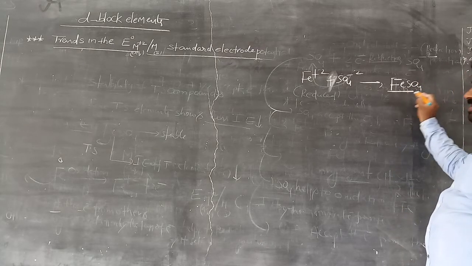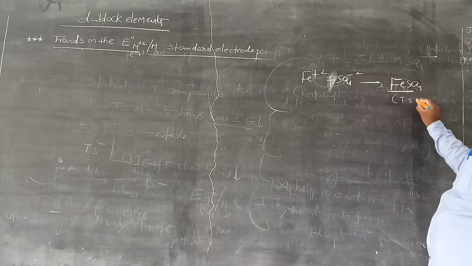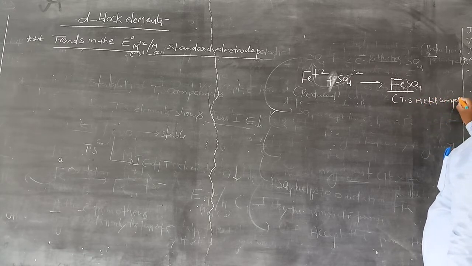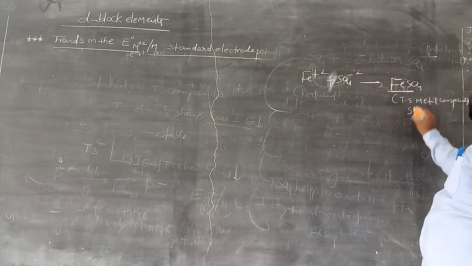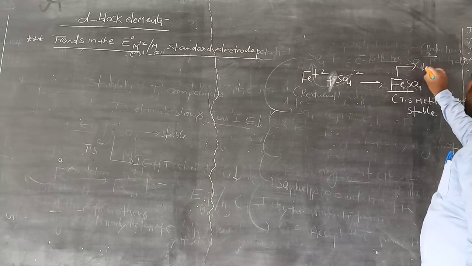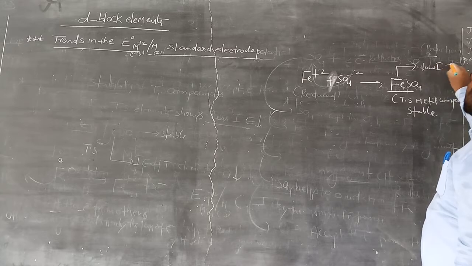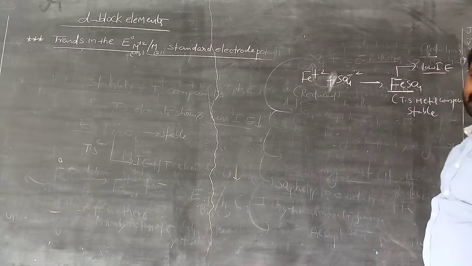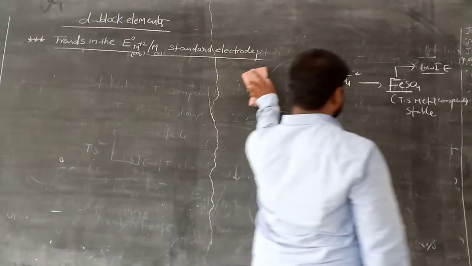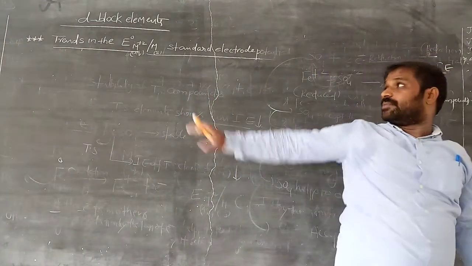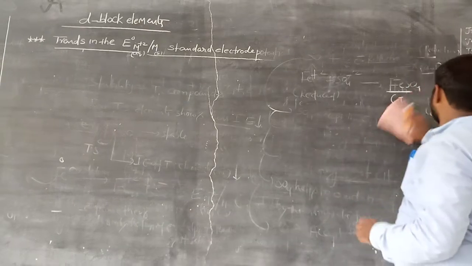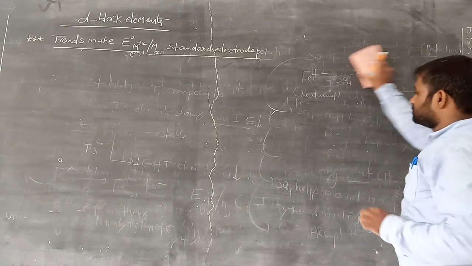This is a transition metal compound, am I right? It is stable. What is the ionization energy of iron? Low ionization energy. Why is it ready to lose electrons? Clear? Remember this. If you want to discuss this topic, you should learn all these fundamentals. So you should remember reducing agents.